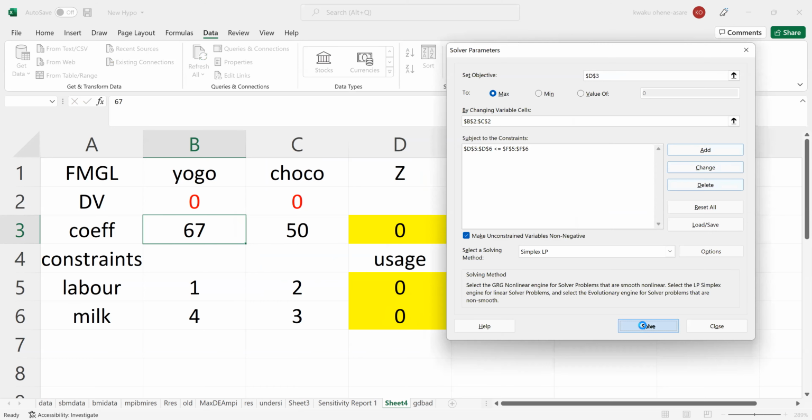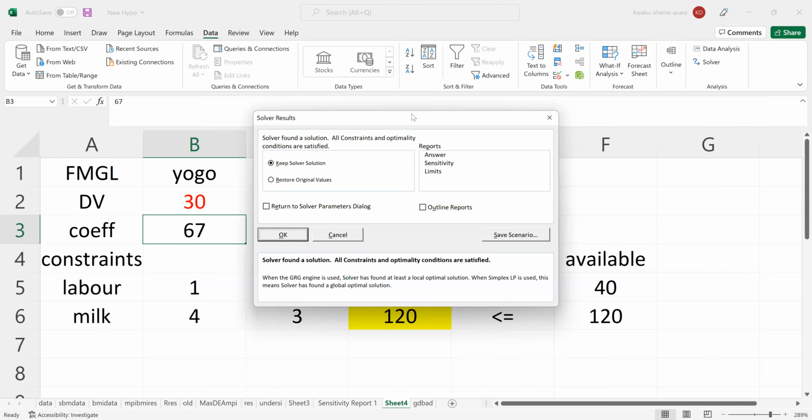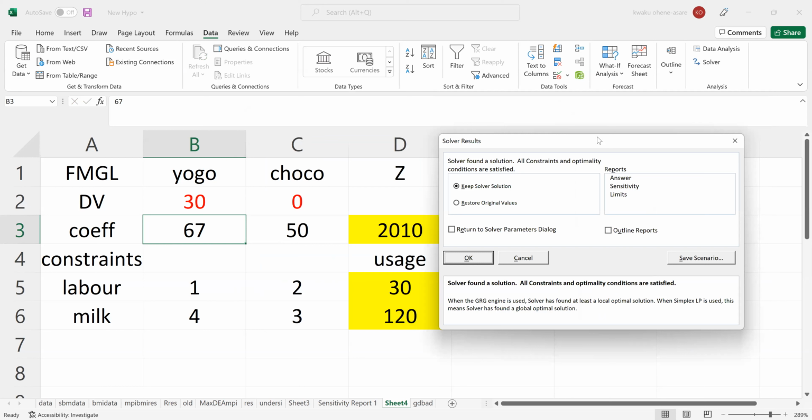And oh wow, you see the optimal solution has changed just by exceeding it. So the essence of the sensitivity range is that as long as you are within the range, the optimal solution won't change. That's all. Profit is going to change. As you can see, the Z value here has changed, but the optimal solution has not changed.